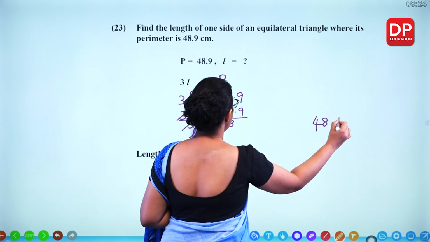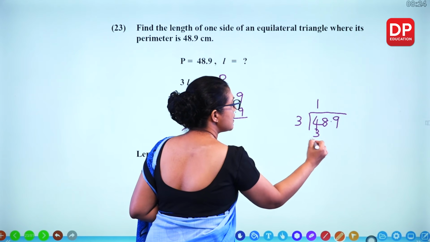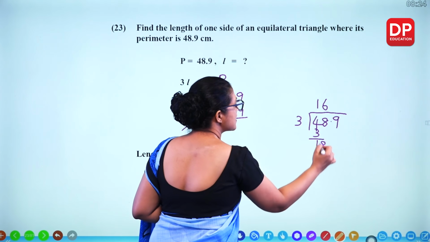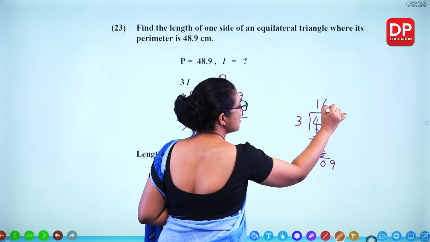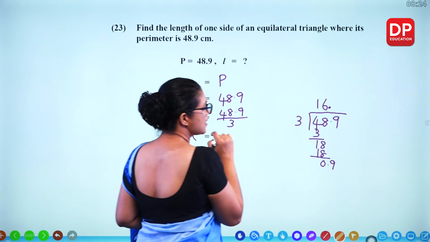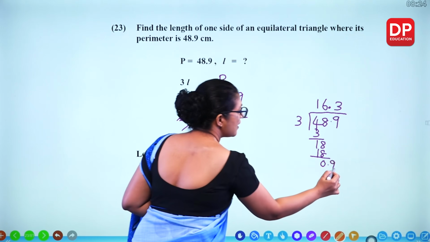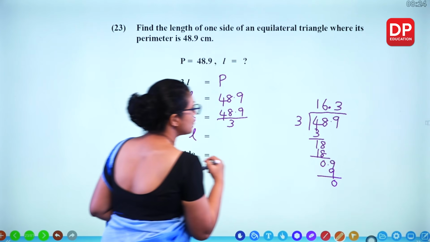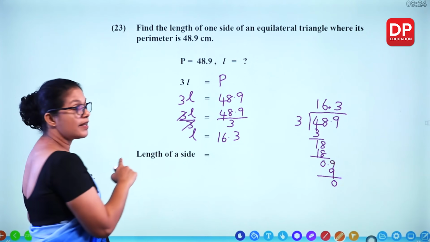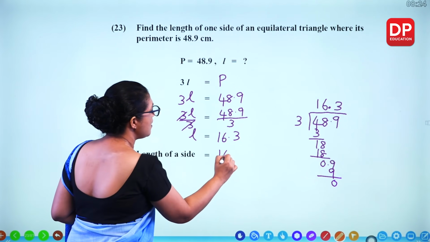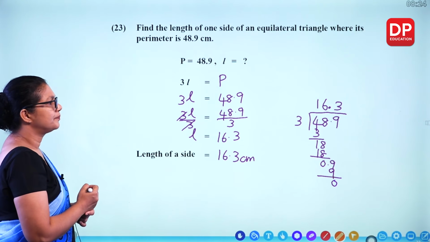If you can't divide like this, you can take it separately and divide. 3 times 1, 3. 18, that's 6. 9, so here you have to keep the decimal place first. And for 9, that's 3. 3 times 3, 9. That's 0. So 16.3. So the length of one side is 16.3 centimeters.